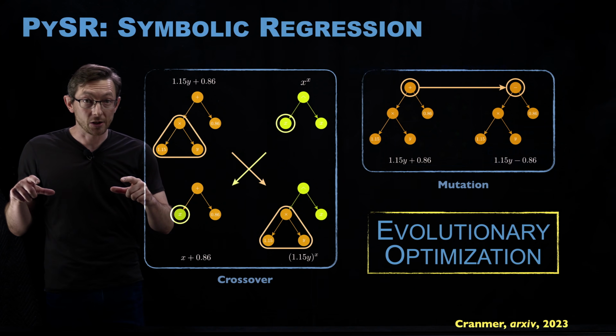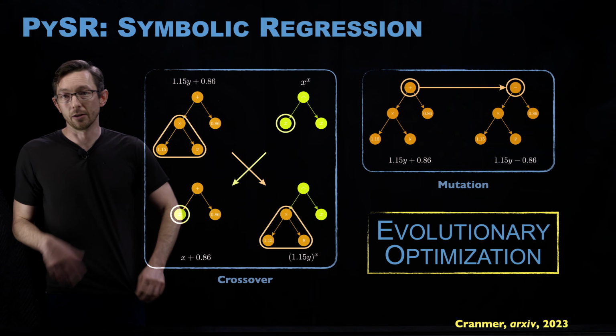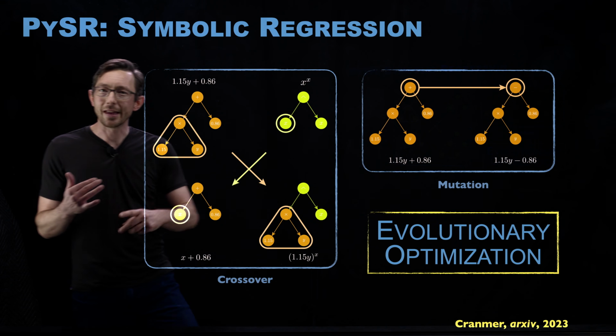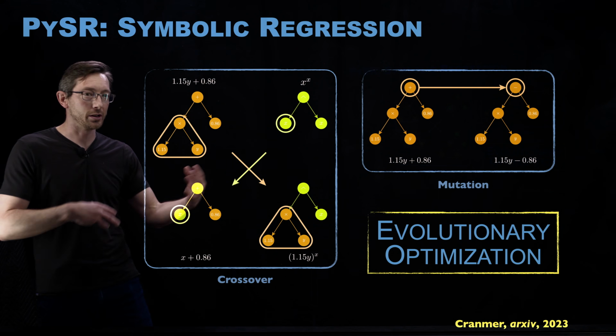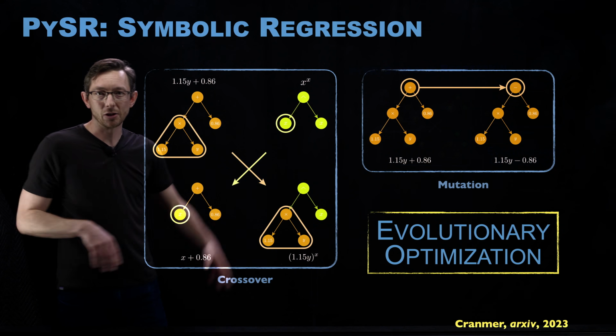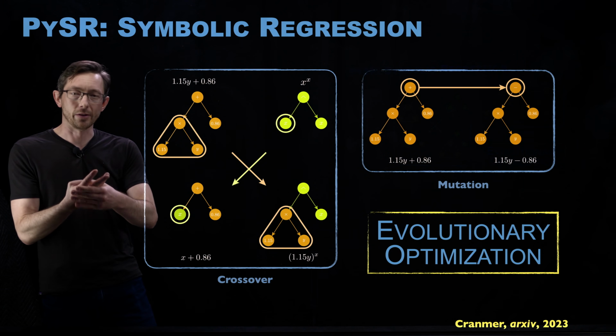There are loss functions you would use to tell if you did a good job on these modeling tasks. And then there is a custom optimization algorithm, this evolutionary algorithm where you breed these functions through mutations and crossovers. So again, it hits all three of those.